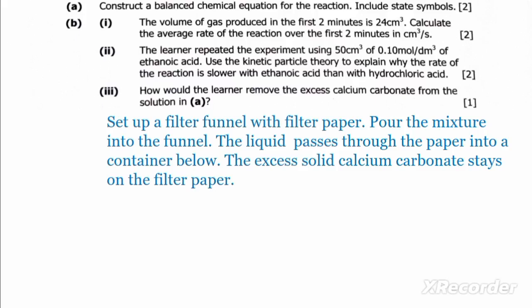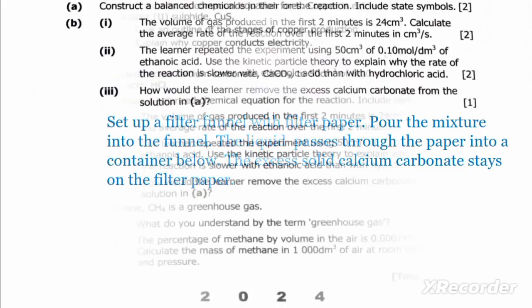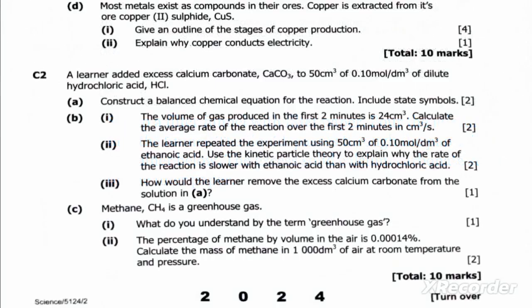So these are some of the steps that the learner needs to consider to remove excess calcium carbonate from the solution. Okay, so calcium carbonate is insoluble. So no wonder we are using a filter paper. We move to question C.